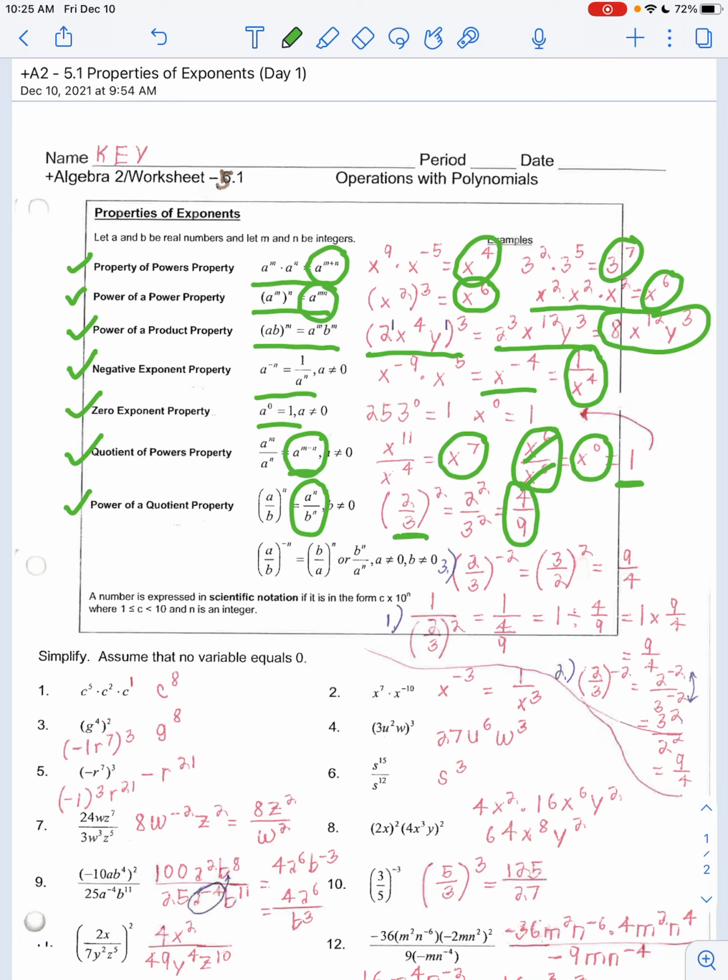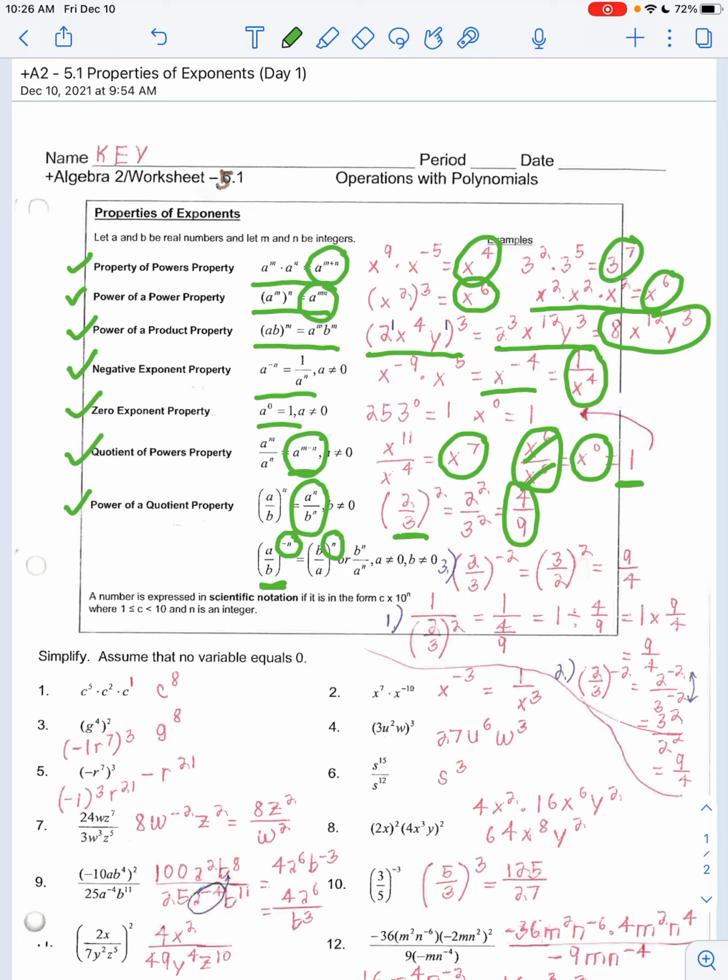What happens if that exponent is negative? Well, there's a great property. It's the reciprocal property of a quotient. If you take a base and you take its reciprocal, if the exponent in the original problem was negative, when you take the reciprocal of that base, the exponent becomes positive, which of course then we can further simplify by using the quotient property.